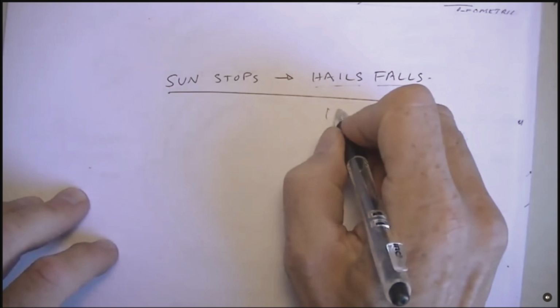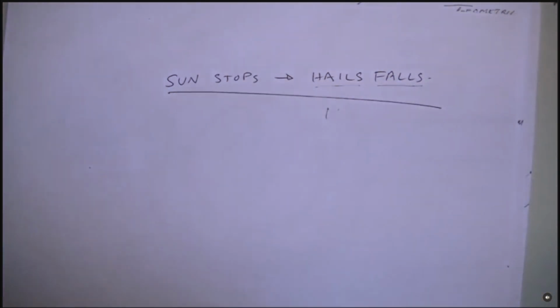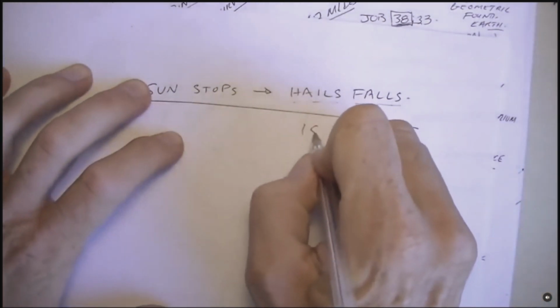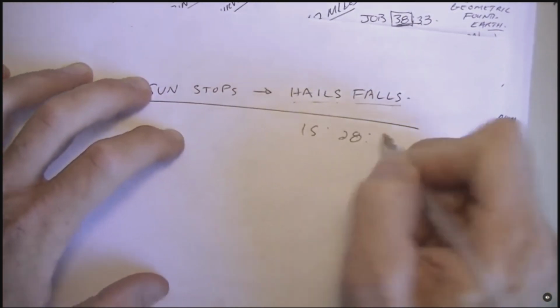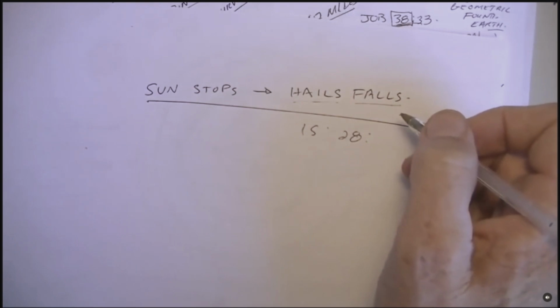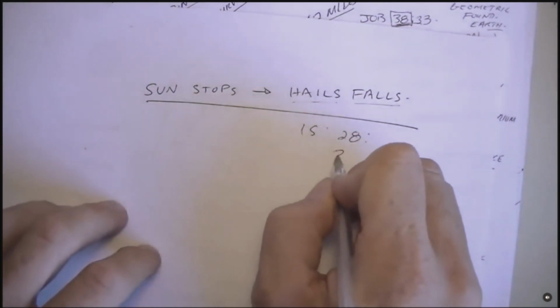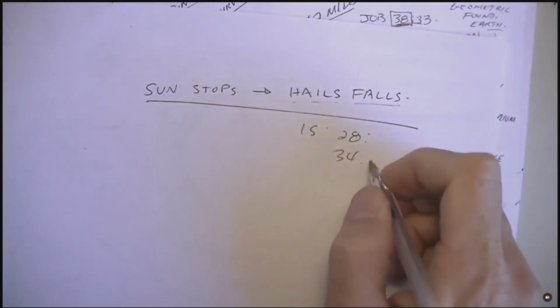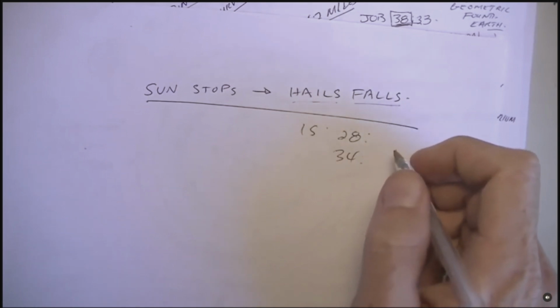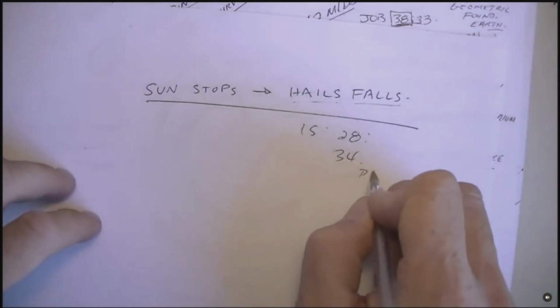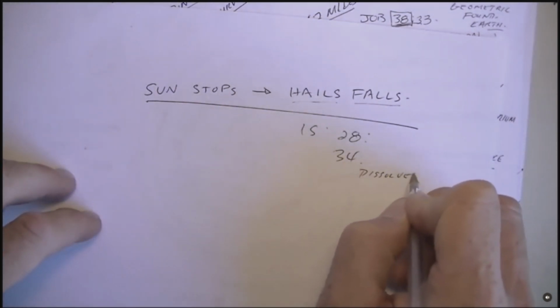Okay, we got Isaiah 34. It says, verse 4, the heaven shall be dissolved. Well, what gets dissolved?